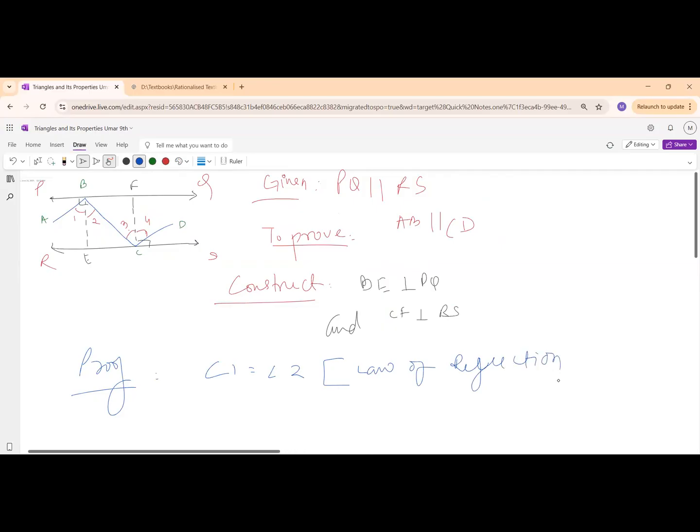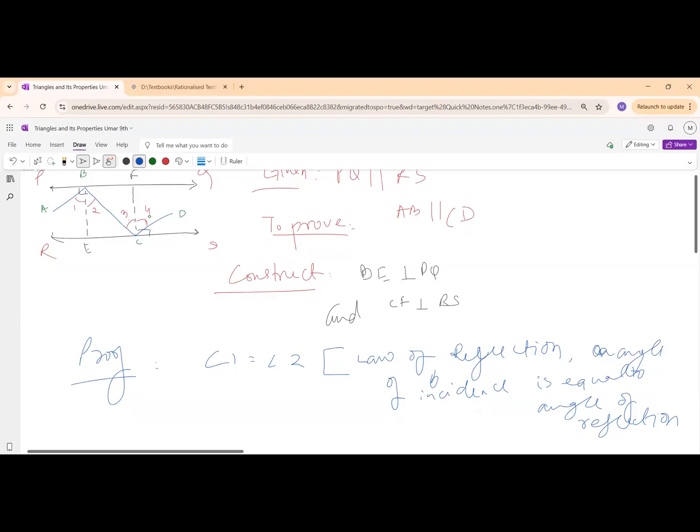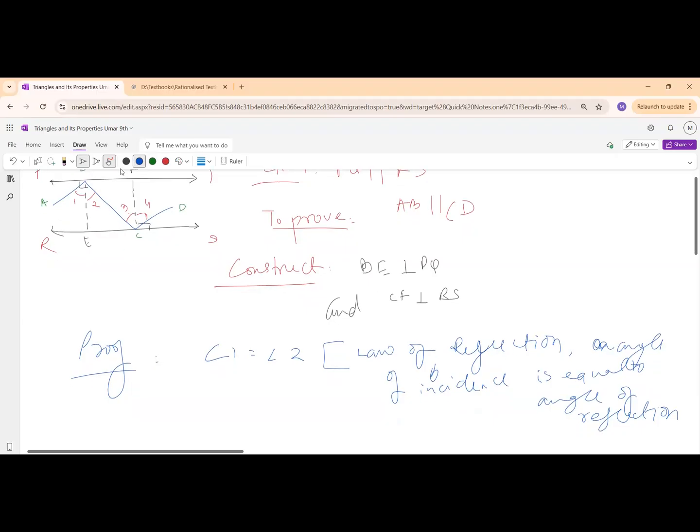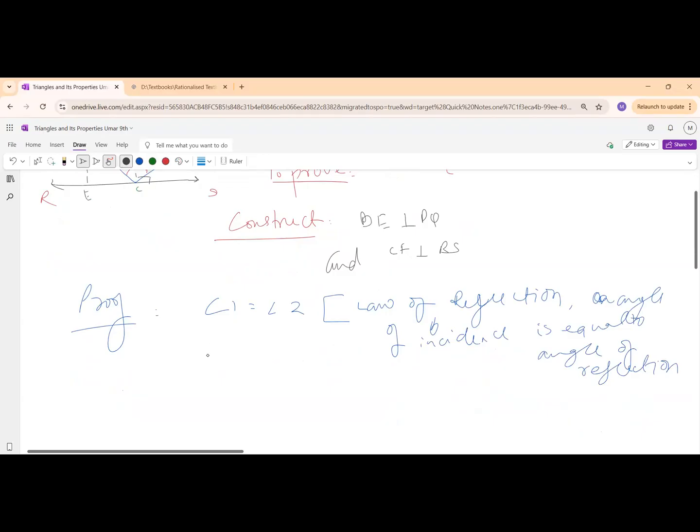Angle of incidence is equal to angle of reflection. And similarly, we can write angle 3 is equal to angle 4, right? Same reason.